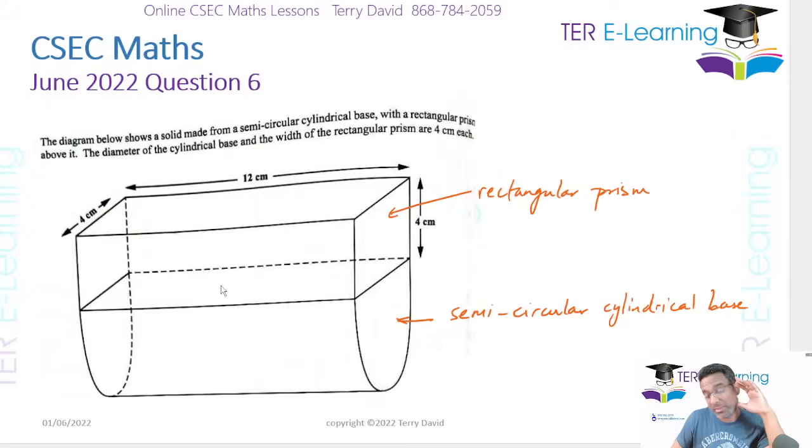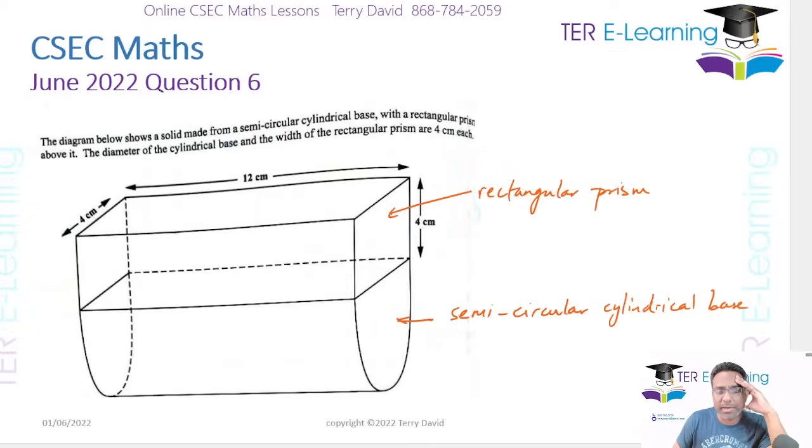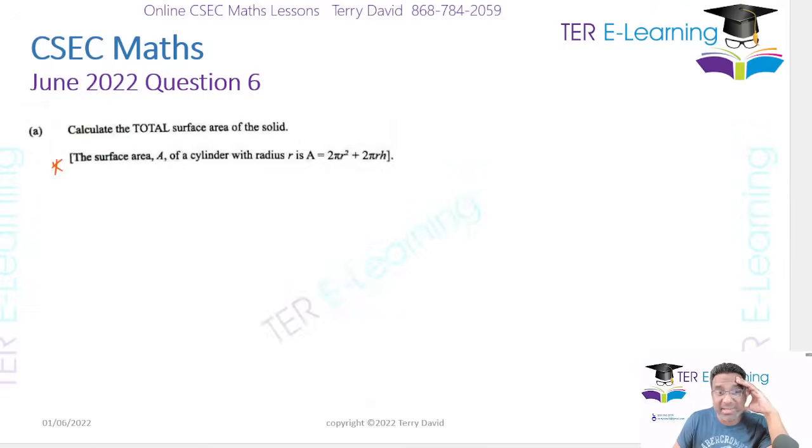So I'm trying to understand the diagram. They want the total surface area of the solid. What's the total surface area of the solid? Now they give us a little thing here. They said the surface area A of a cylinder is equal to this figure here. Let me look at this diagram properly.